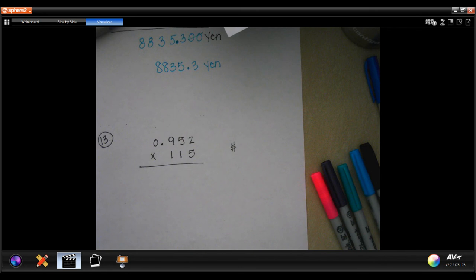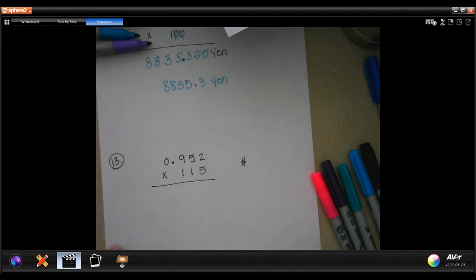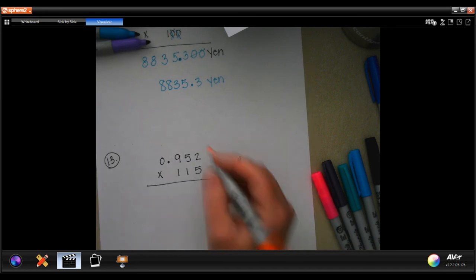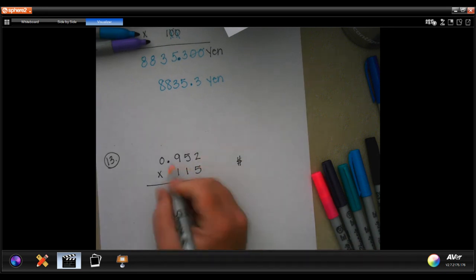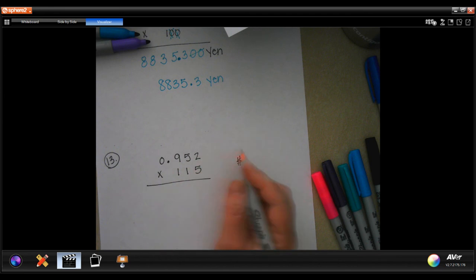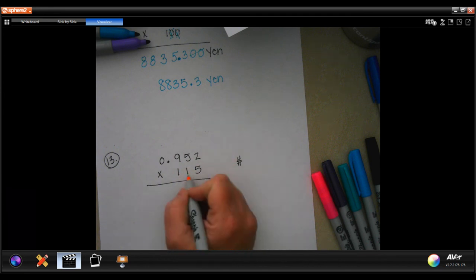Number 13. So the camera costs 115 Canadian dollars. If each Canadian dollar is worth 0.952 US dollars, how much will the camera cost in US dollars? Okay, so notice that even though 115 is bigger than a number that's less than 1, I still put it on the bottom because these two numbers are 1 and I want to make multiplying easy.